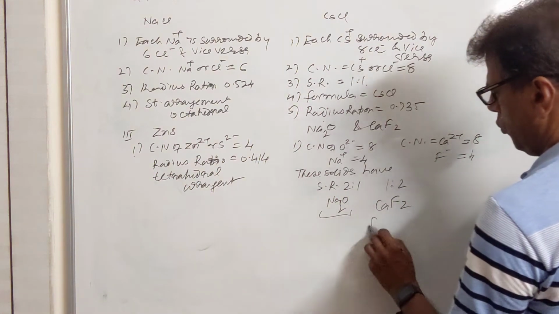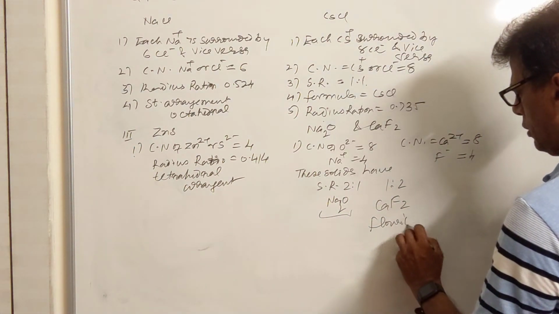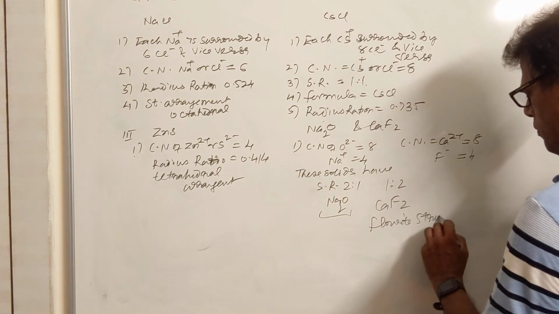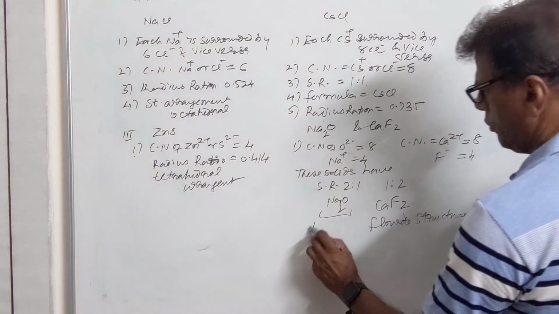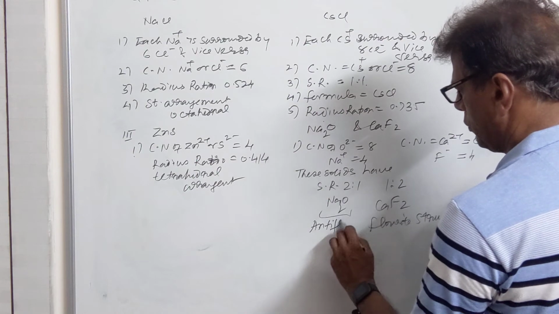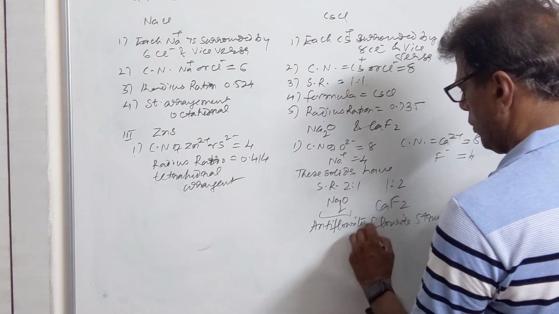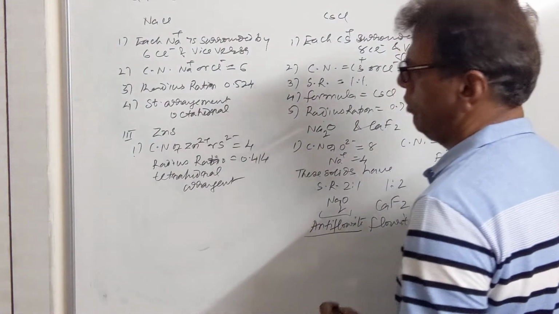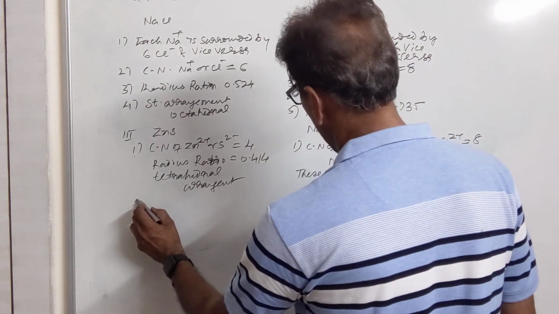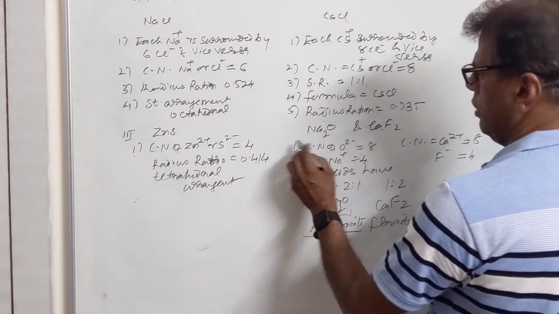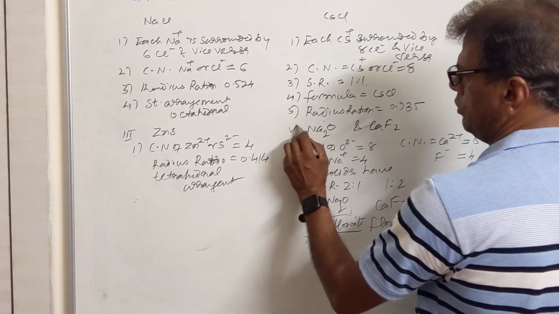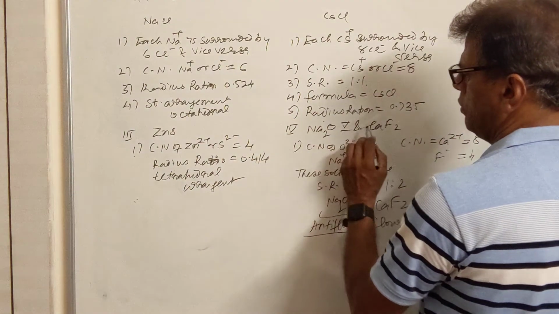This is called as fluoride structure. इसको fluoride structure के नाम से हम जानते हैं. This is called as anti-fluoride structure. So this is the structure made of ionic solid. Then we have another structure modification. ये आपके पास हो गया चौथा और पांचवा टाइप का स्ट्रक्चर.